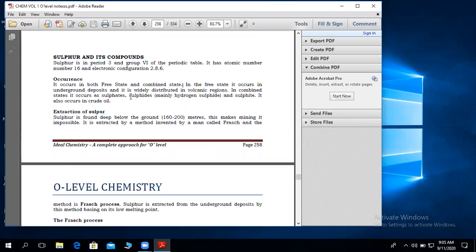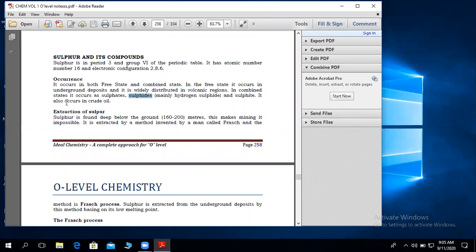It can occur in sulfides, for example, hydrogen sulfide or iron(II) sulfide. Sulfur can occur there. And it can also occur in sulfates.